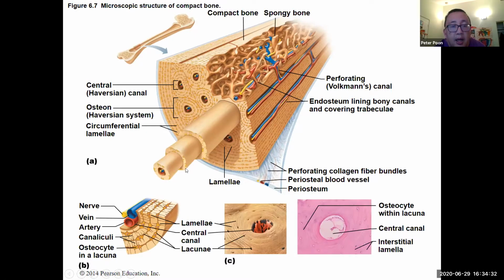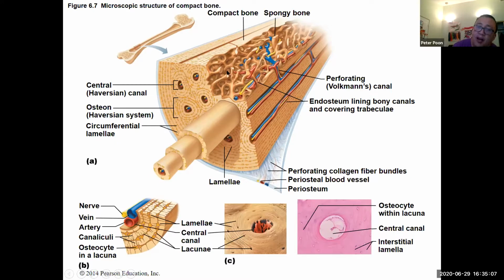In the middle of an osteon is a hole where the nerves, arteries, and blood vessels run, and that hole will always be parallel to the length of the long bone. That is the central canal.